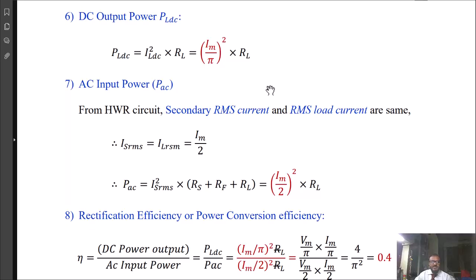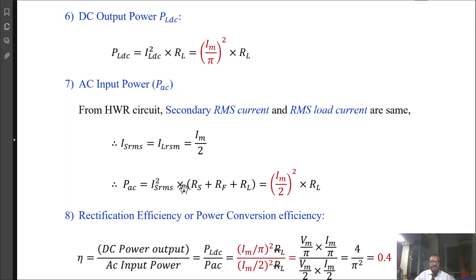Similarly, the AC input power is denoted by PAC, that is supplied to the half wave rectifier from the secondary winding of the transformer. The PAC is given by RMS current IS RMS square into (RS plus RF plus RL). This secondary winding supplies three components: the power supplied to the source resistance and the forward resistance of the diode, and the output power across the load.